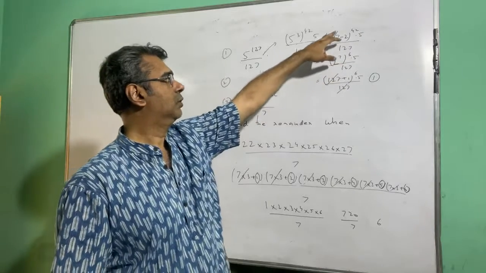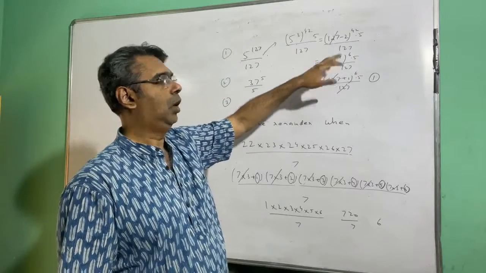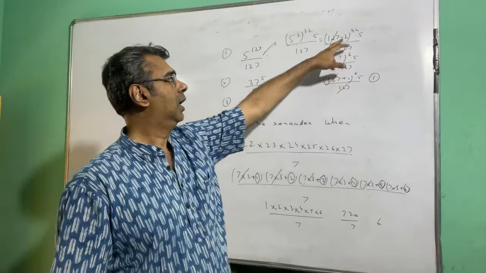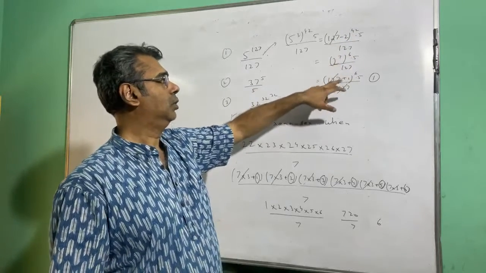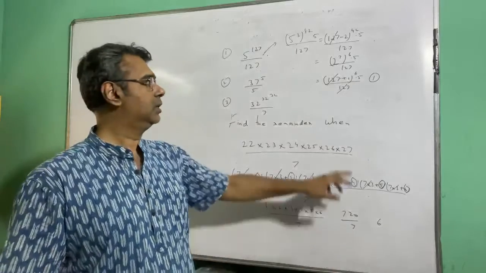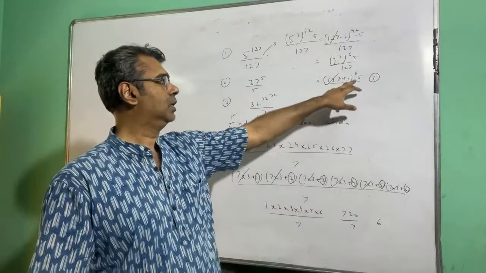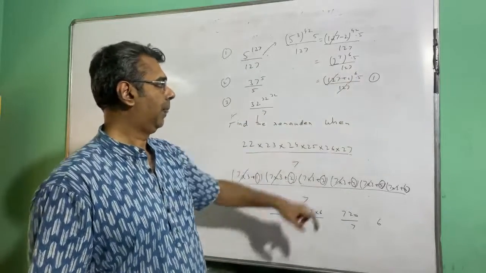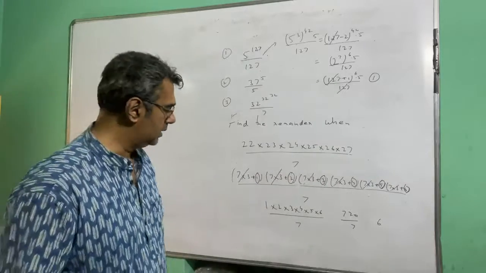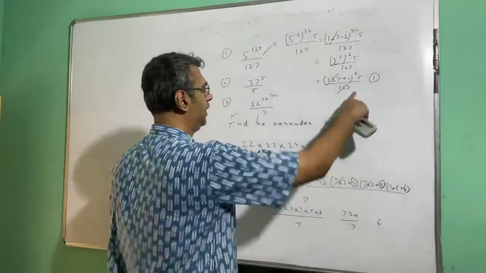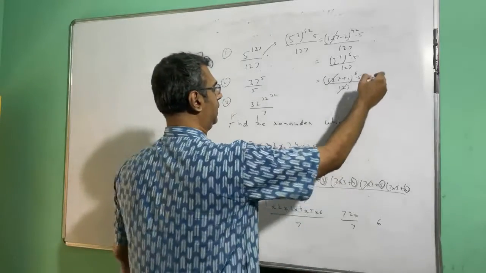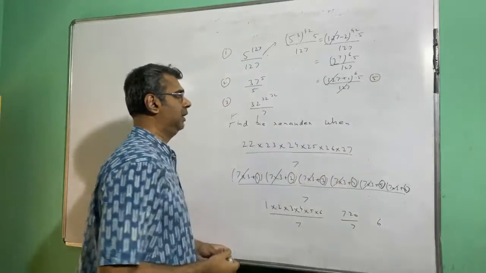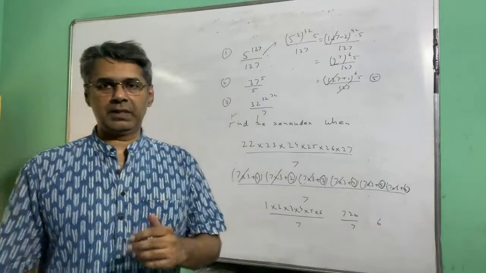Dropping 127, you have 2 to the power 42, which is 2 to the power 7 to the power 6. And 2 to the power 7 is 128, which is 127 plus 1, drop 127. There is a 5 outside, so the final remainder of this question will be 5. This is the first kind of question.